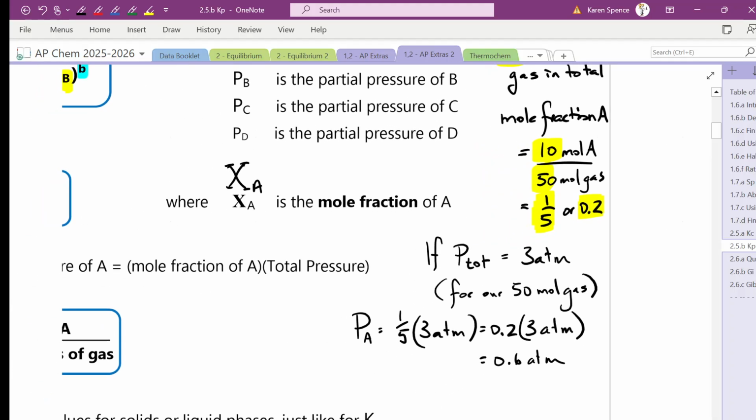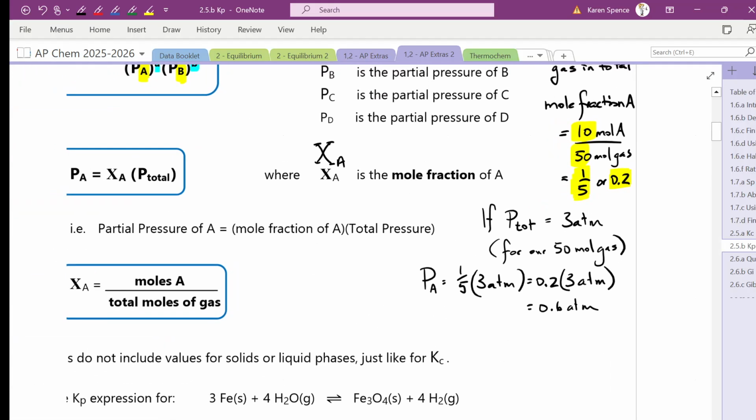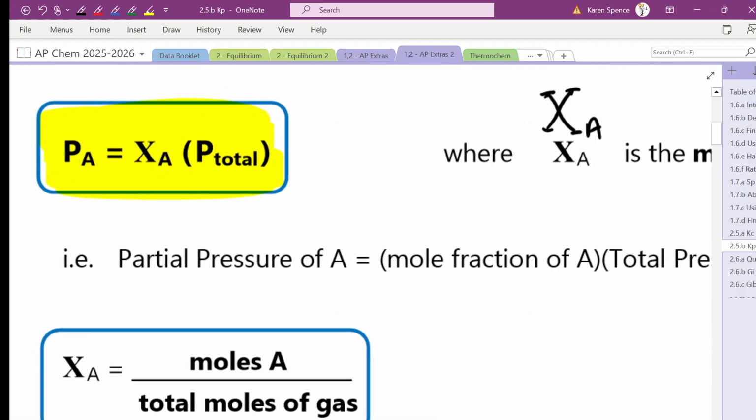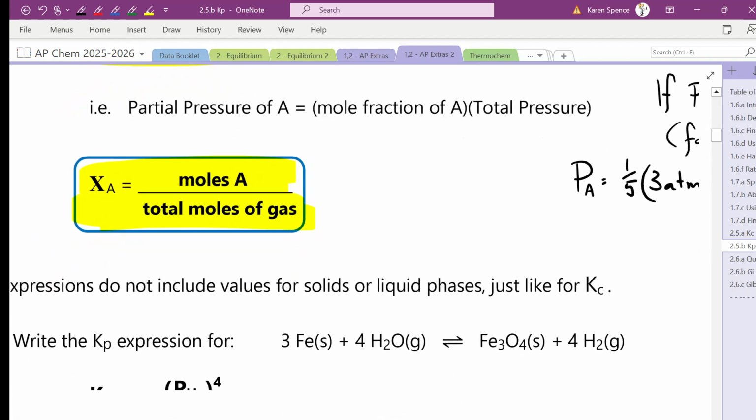Okay, so really nothing complicated about it. Just refreshing your memory that that's what mole fraction means, and we can use it to calculate the partial pressure of a particular gas if we know the mole fraction. So that formula is given here. The pressure of gas A is equal to the mole fraction of gas A times the total pressure. And the formula for the mole fraction of A is moles of A over the total moles of gas. Okay.